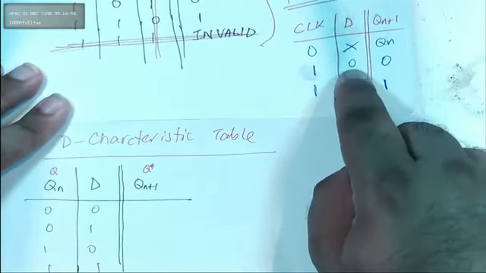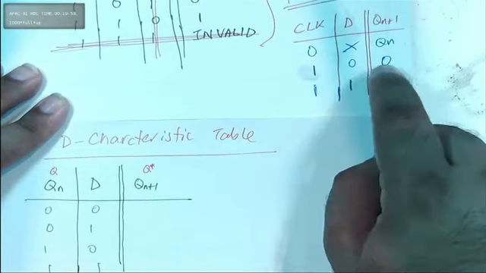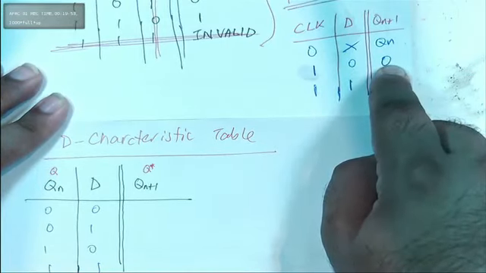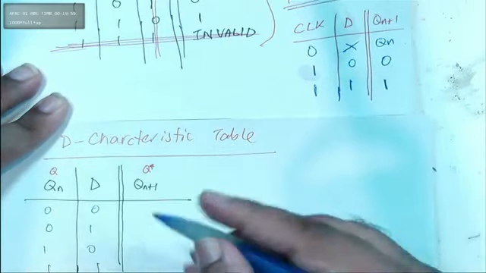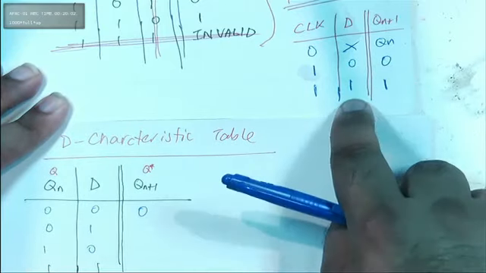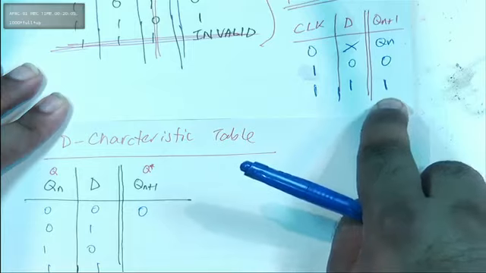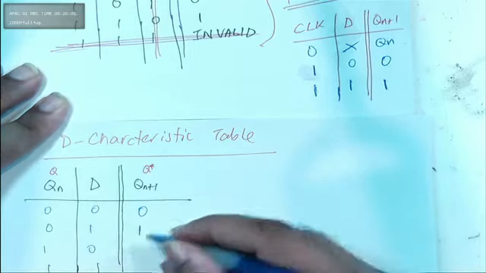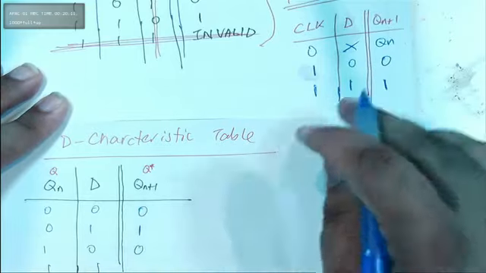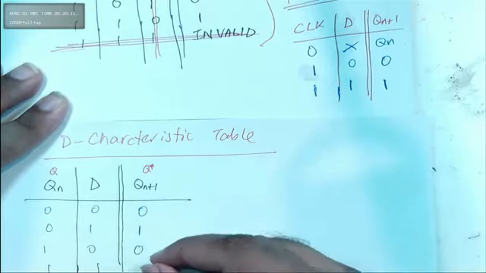If D is 0, what is Qn plus 1? What is Q star? If D is 0, Q star is 0. If D is 1, Q star is 1. If D is 0, Q star is 0. If D is 1, Q star is 1.